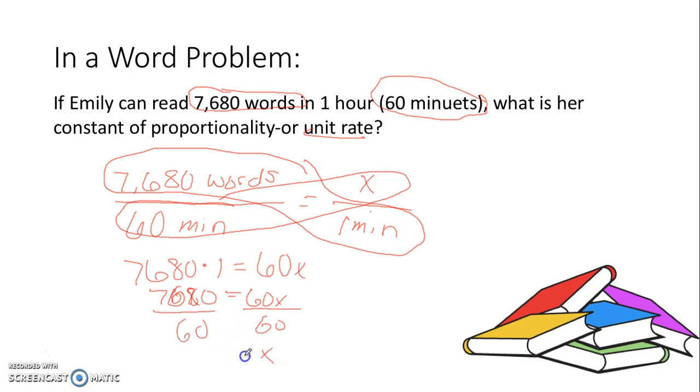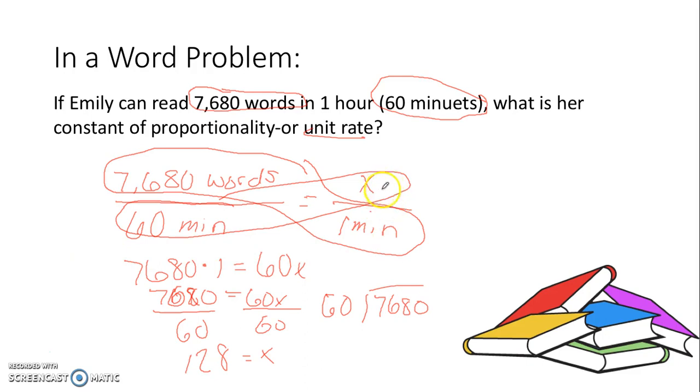Okay, and remember we can use our calculators on this part, but if we didn't have a calculator, we would go 7,680 divided by 60, and when you do that, you'll find that x is equal to 128. Okay, so 128. Now 128 what?